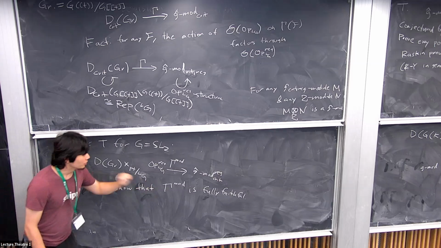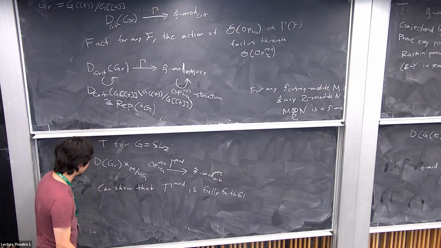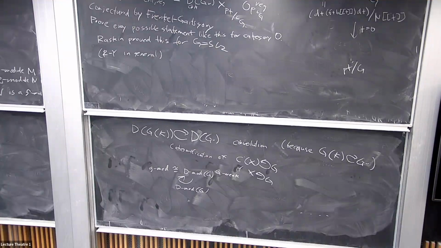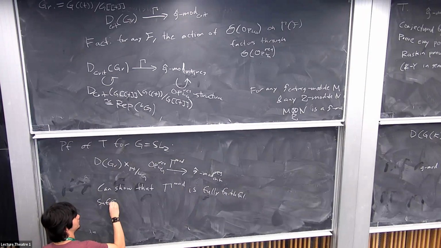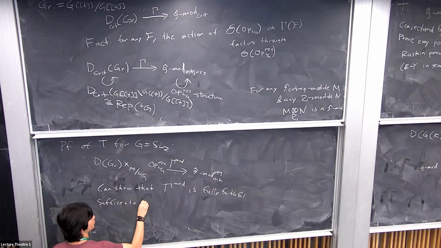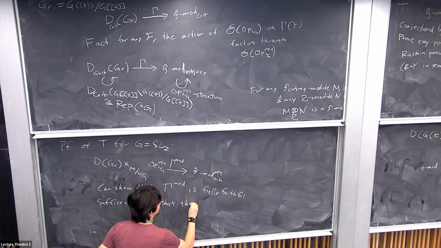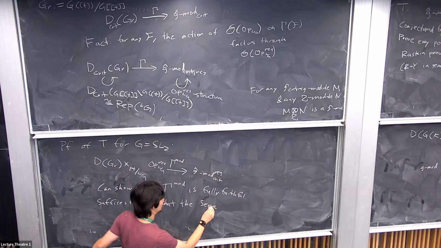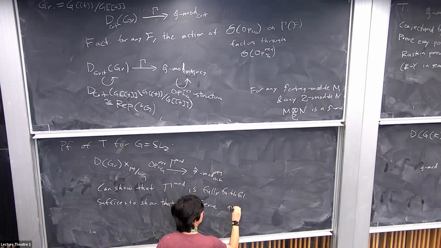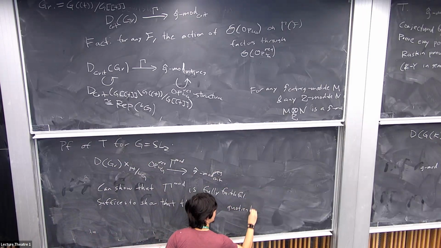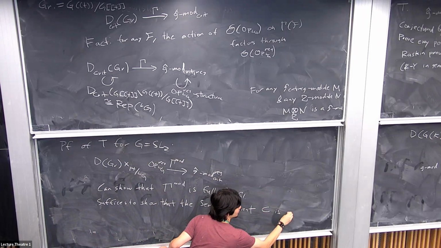Once you've shown that global sections is fully faithful, it suffices to show that the Serre quotient C is 0.